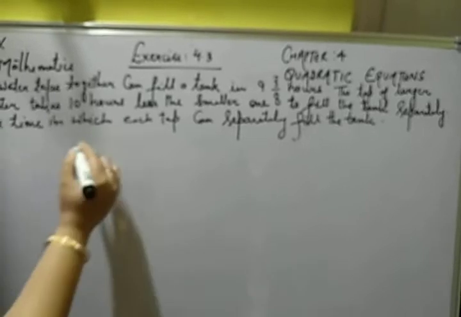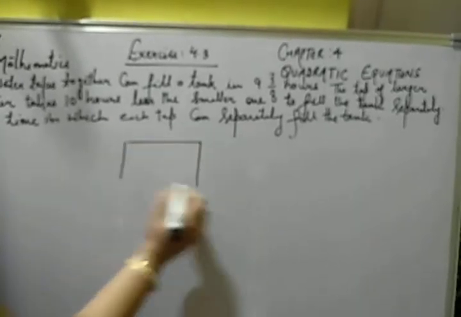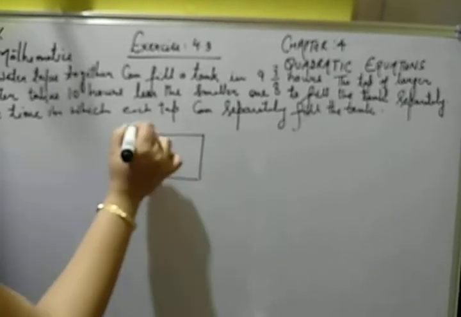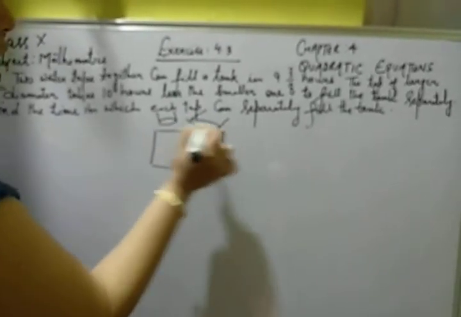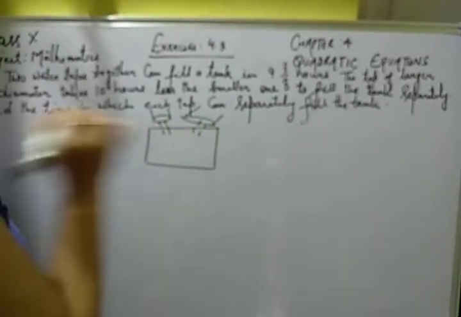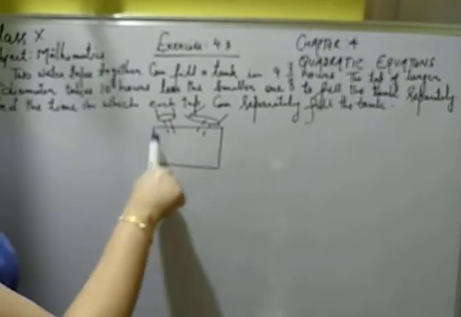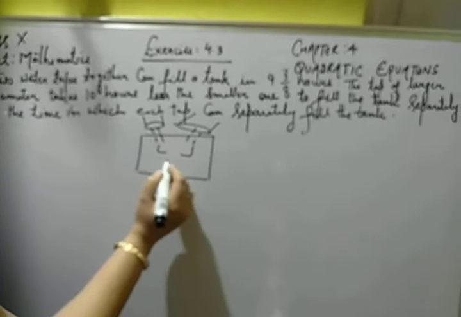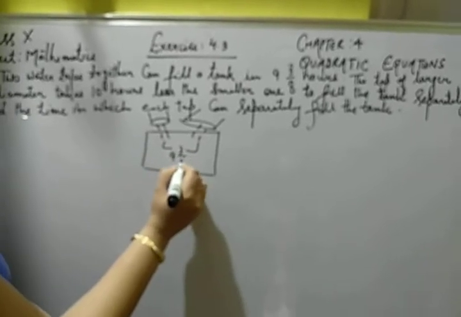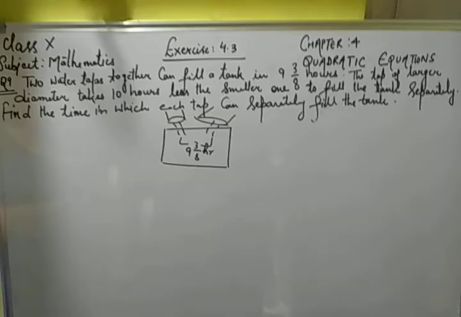It is given that there is one water tank, and two taps are filling this tank. If both the taps are open, the time taken by both the taps to fill the tank is 9 3/8 hours.